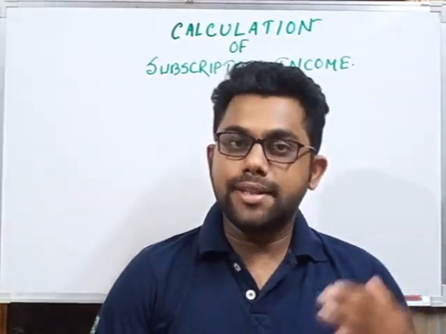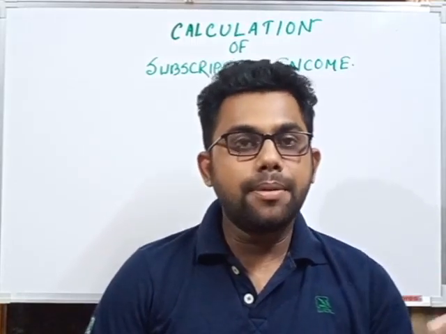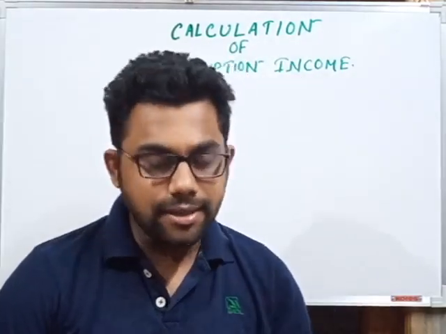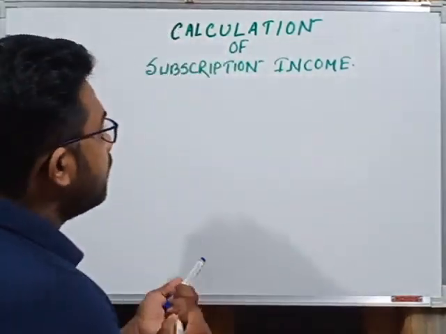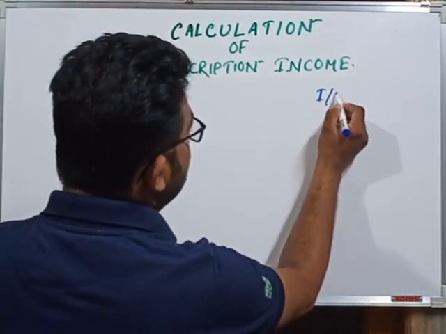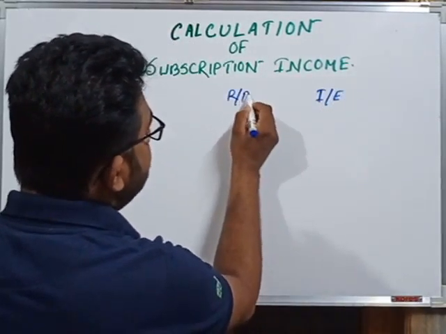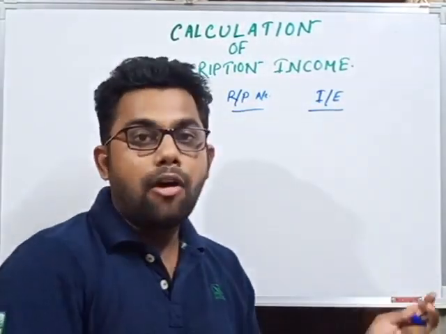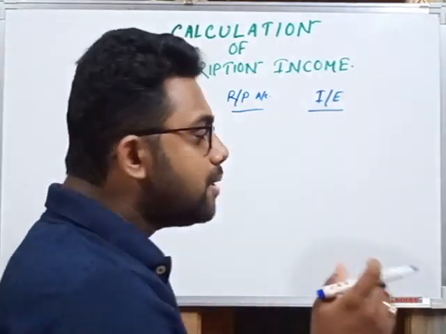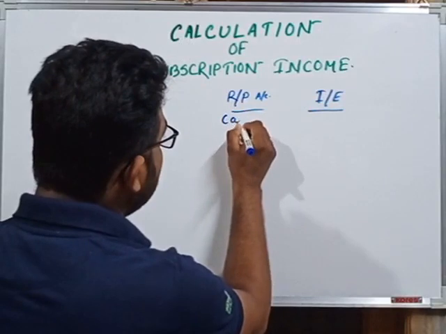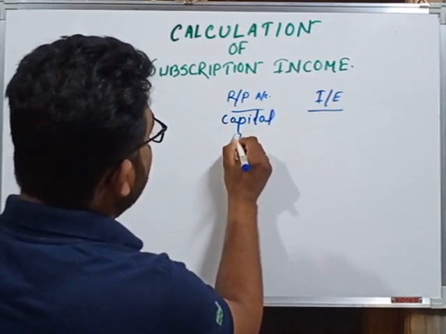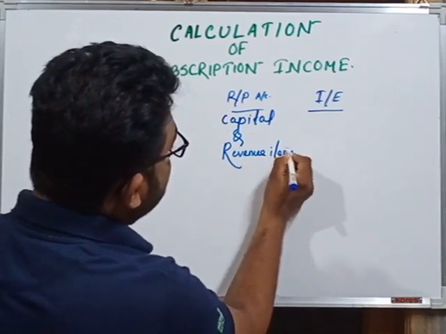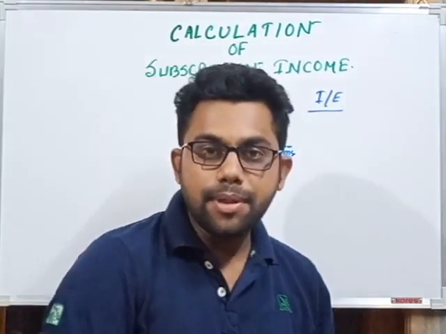While discussing the differentiation between receipts and payment account and income and expenditure account, we find one of the important differences is that, while doing our practical solutions, receipts and payment account includes capital as well as revenue items.